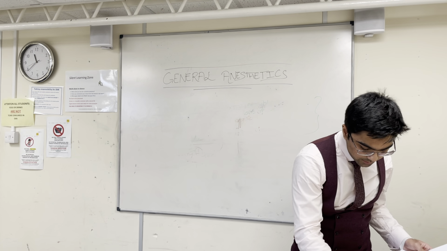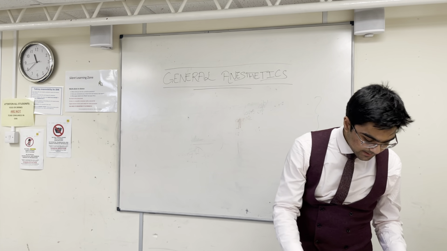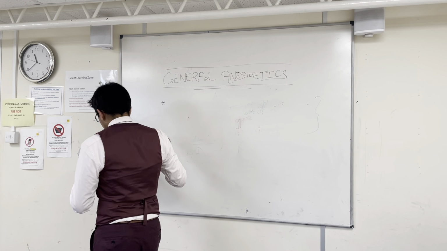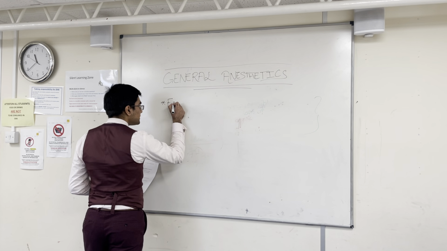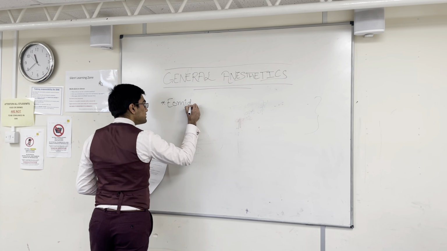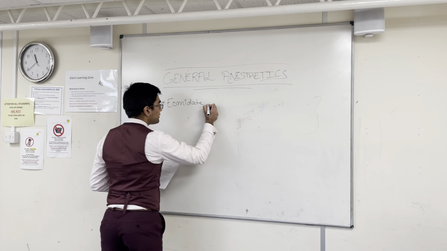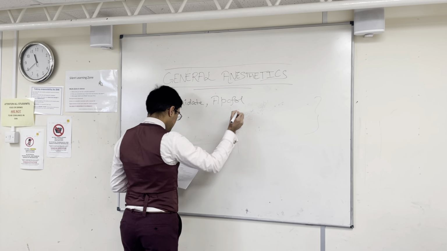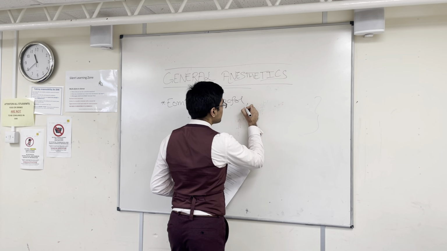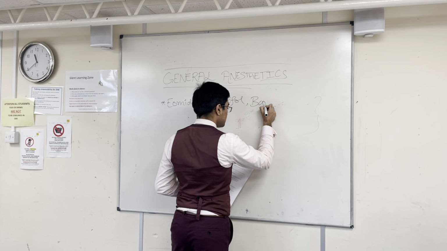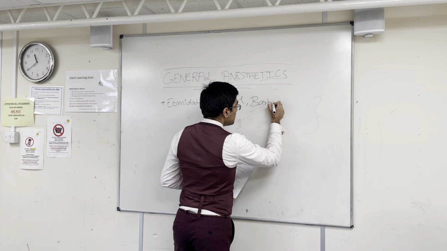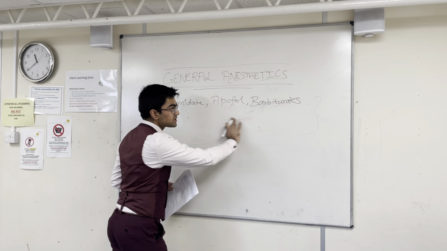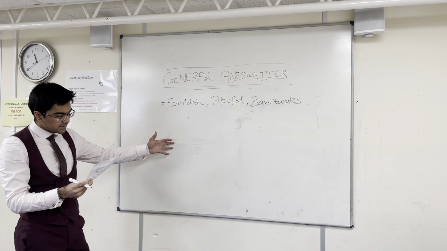Okay, so we've got 3 groups of anesthetics, and we'll talk about them step by step. The first group consists of etomidate, propofol, and barbiturates. This is the first group of anesthetics.